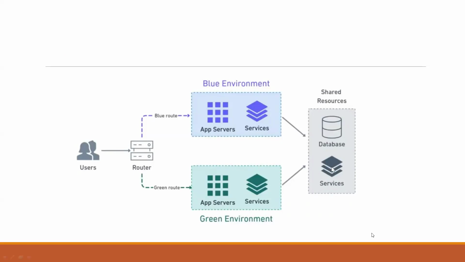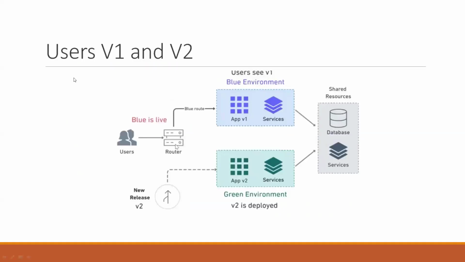In blue and green environments, the shared resources, for example database services, everything will be pointed to one service only. But the application is created in two types: the app servers and services. This is the blue environment and this is the green environment. Now the end user is pointing to the blue environment. For example, you're using V1 and V2.